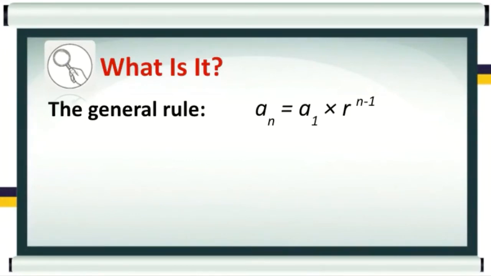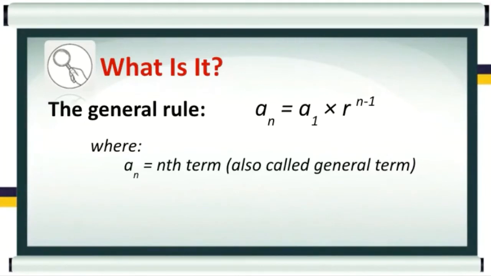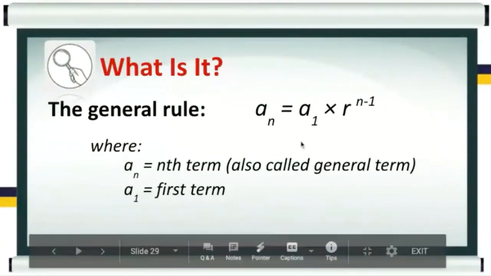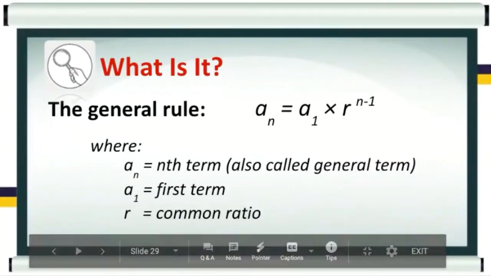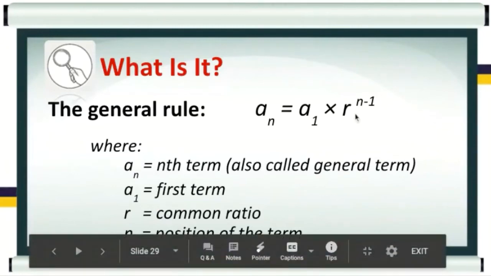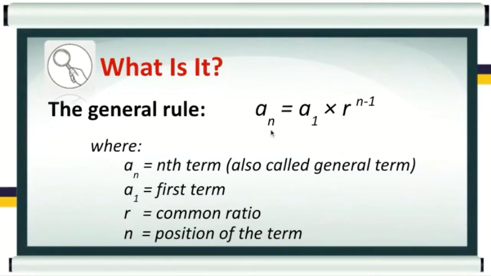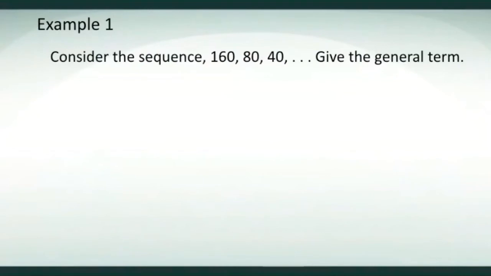Wherein a sub n is your nth term, or also called the general term. A sub 1 here is your first term, r is your common ratio, and n here is your position of the term. So whatever is your value here in your a sub n, same value will reflect in your n minus 1. Get it? Now, let's do the example.